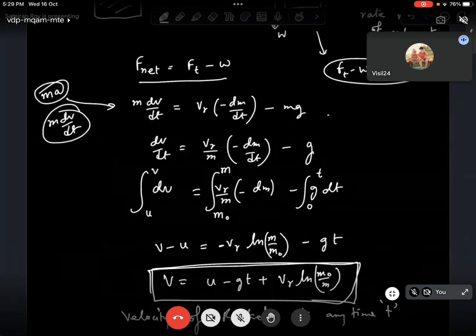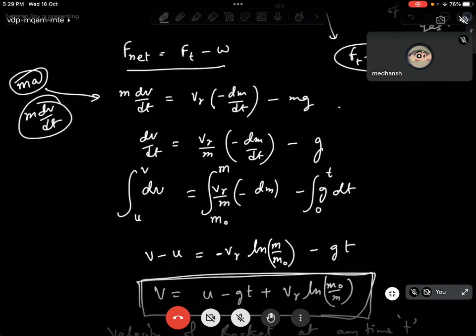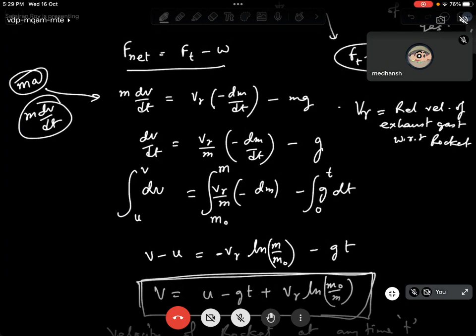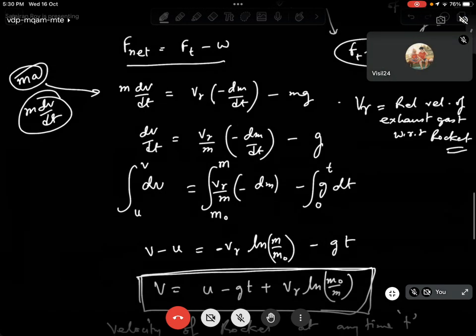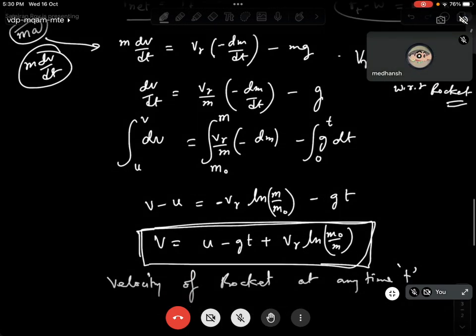Yeah, VR is the relative velocity of the exhaust gas with respect to the rocket. This is the velocity with respect to the rocket.